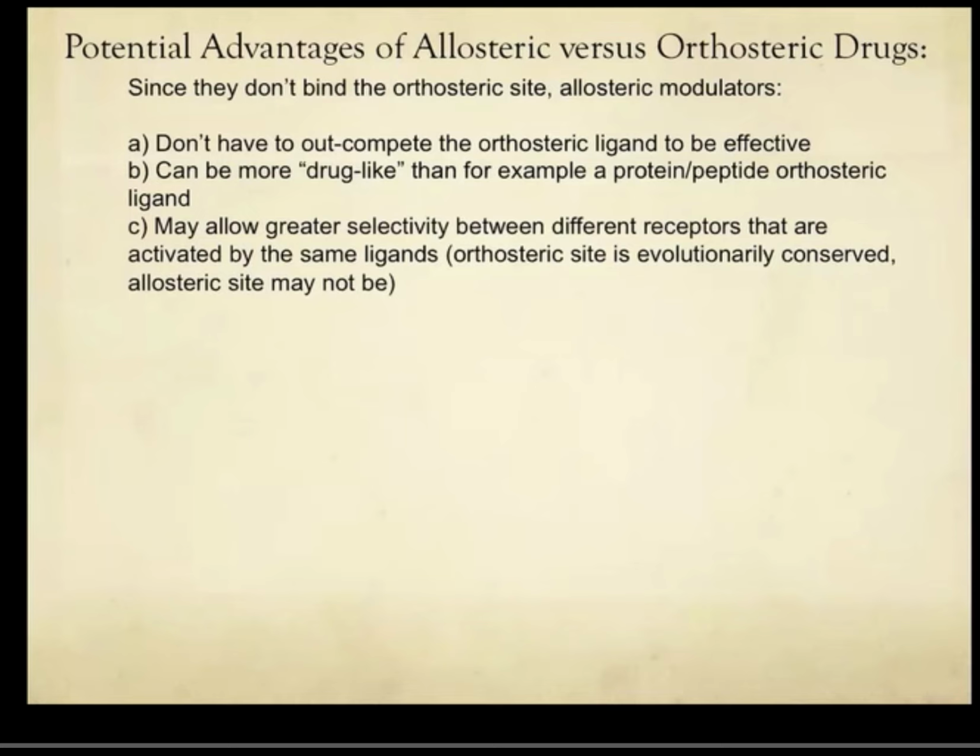Another possibility, again, these are all possibilities, is that you can have different selectivity. Oftentimes, let's take, for example, adrenergic receptors. Adrenaline, or epinephrine, activates multiple different types of adrenergic receptors. The problem is that it's difficult to modify analogs to make them selective for, let's say, one receptor as opposed to another, because they're all evolutionarily related.